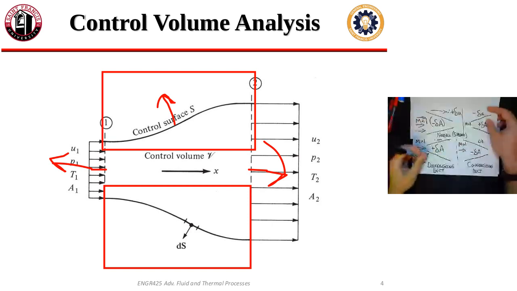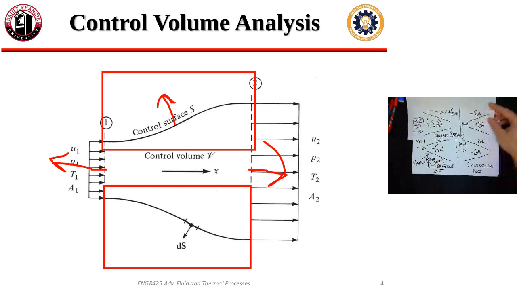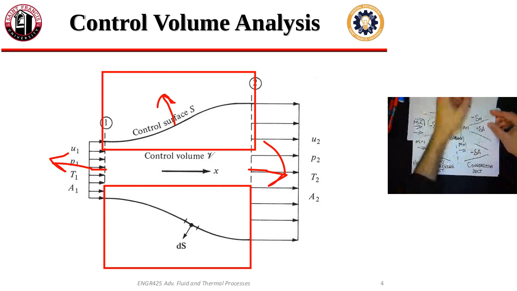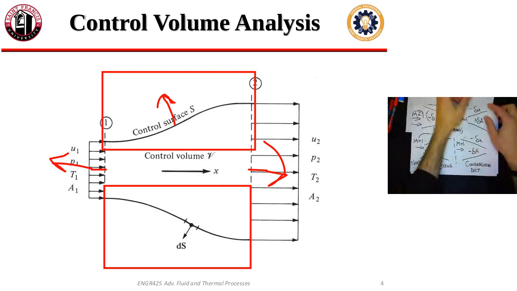In supersonic flow, that's our nozzle. And these, where velocity goes down, are what are called diffusers. So nozzle speed goes up, diffusers speed goes down.